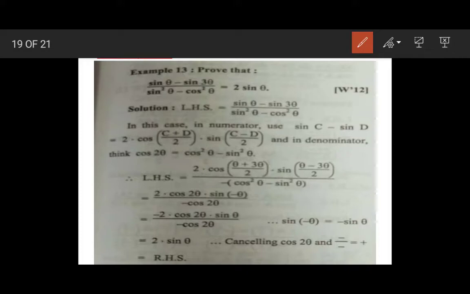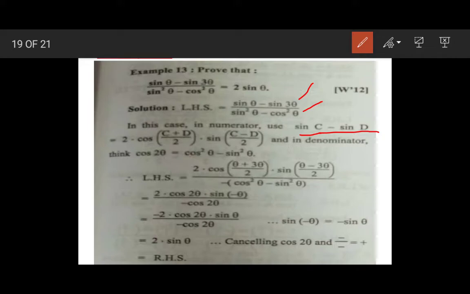So again I am taking the left hand side. Left hand side is sin theta minus sin 3 theta upon the denominator sin square theta minus cos square theta. Now see the numerator. The numerator is in the form of sin c minus sin d.